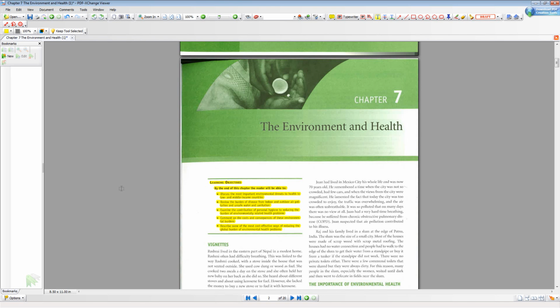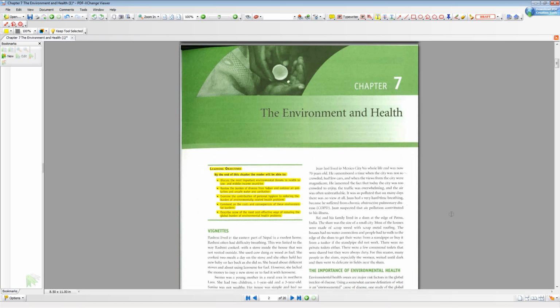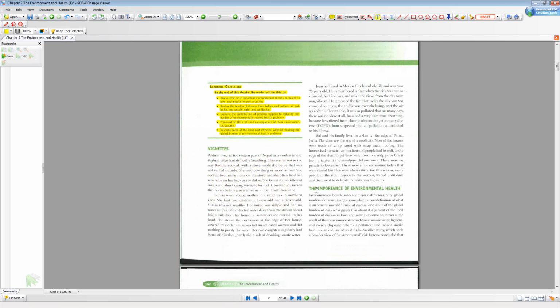And so you'll be able to learn a little bit more about that as you read through this chapter. During this chapter, you will begin to have a better understanding of how important the environment is to one's health.